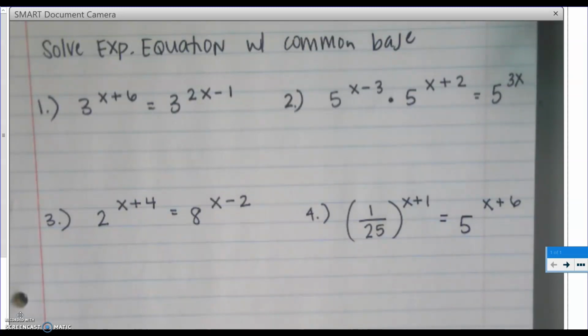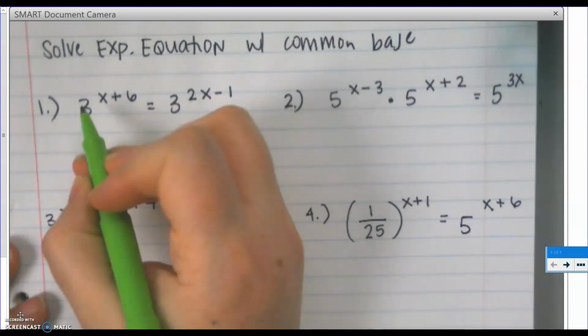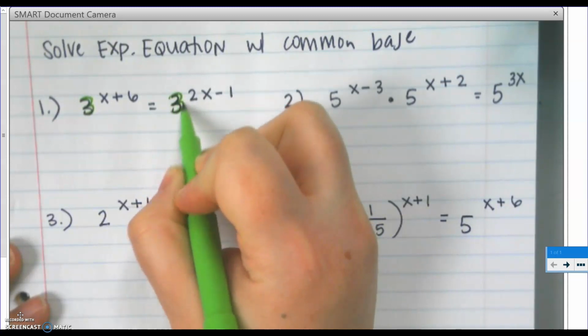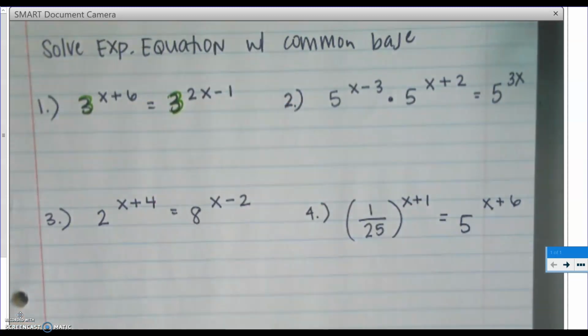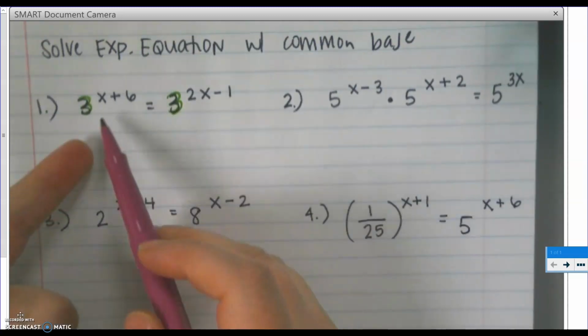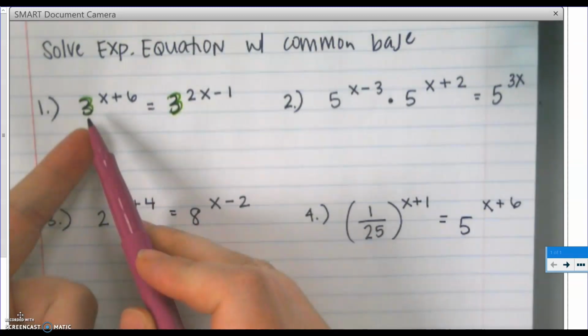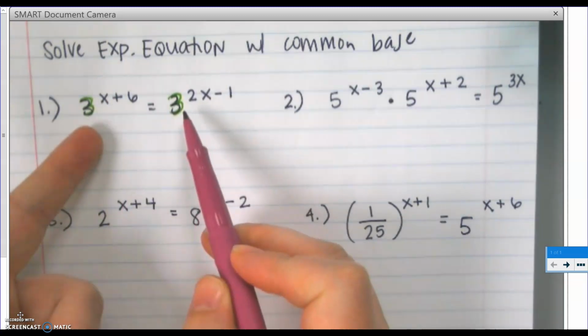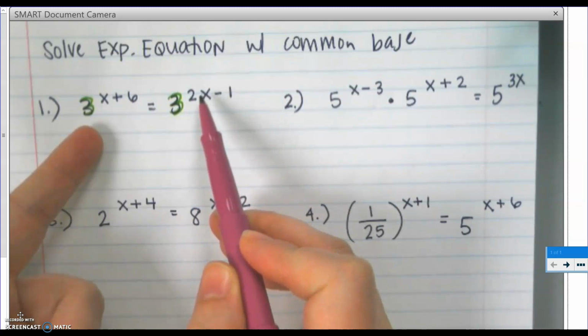All right, so the first one, you can see the bases are the same. The bases are 3. If the bases are the same, the exponents have to be the same, because if they weren't, this would be 3 to a power on this side, and then this side has to be 3 to that same power.